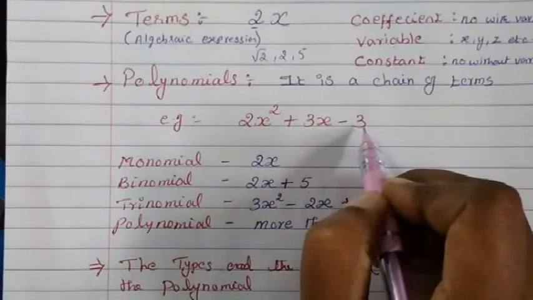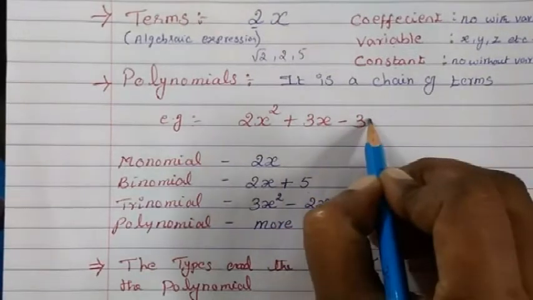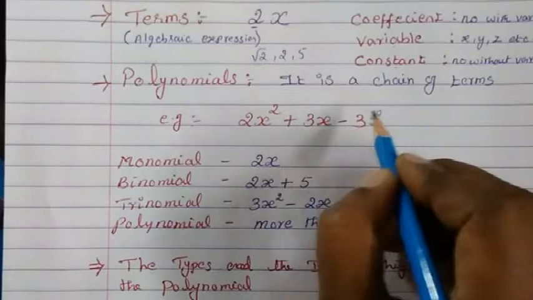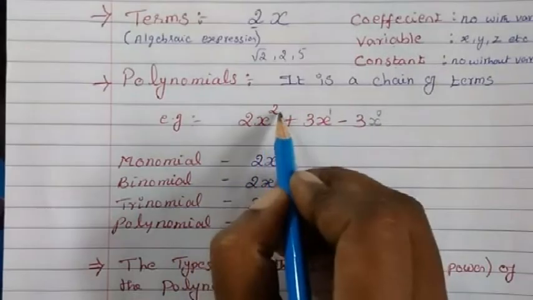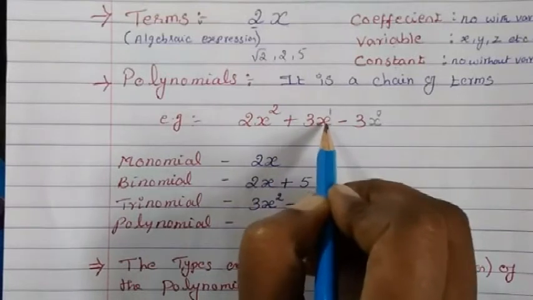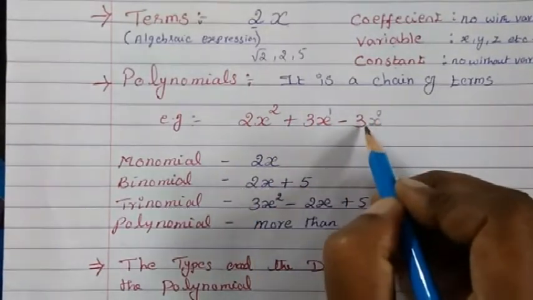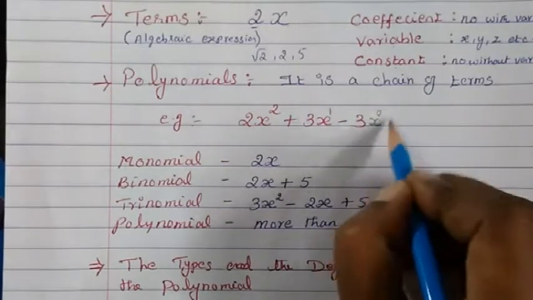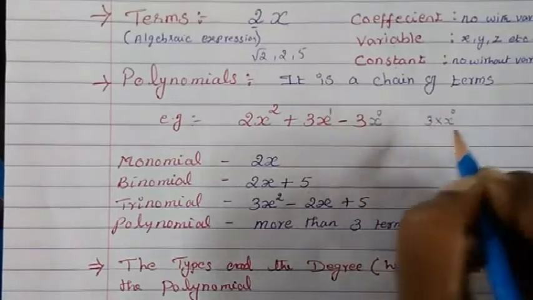Now why is this written this way? Here x is there, and the meaning is hidden. It is x raised to 0, because here it is 1, because here it is 2. When nothing is mentioned, only a number, the meaning is x raised to 0, because this can be written as 3 into x raised to 0.